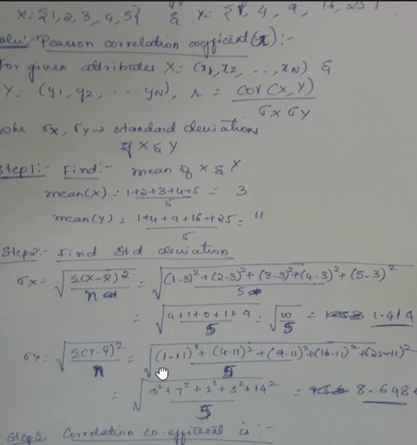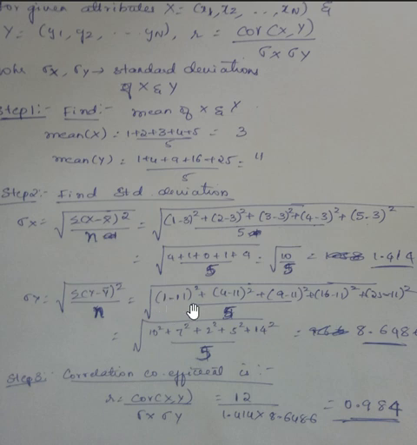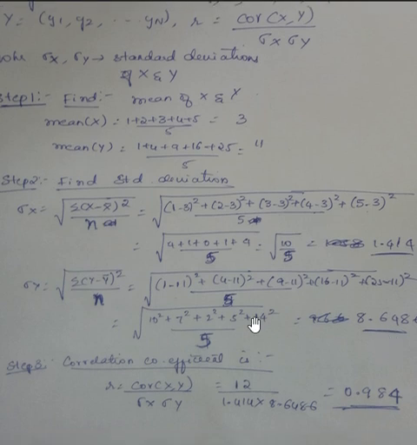Similarly, find the standard deviation of y. For all the different values of y, just substitute and subtract the mean, divided by 5. So you are getting the standard deviation as 8.6486. Now the step 3, now you found the standard deviation, you can just substitute in the correlation. So correlation coefficient r is nothing but covariance of x comma y divided by standard deviation of x into standard deviation of y.